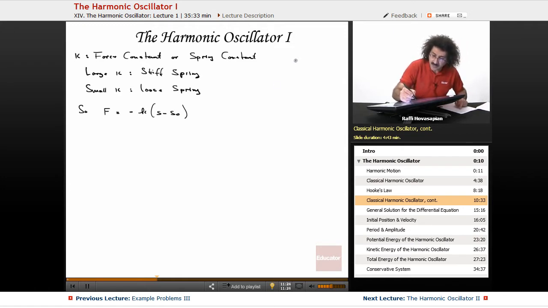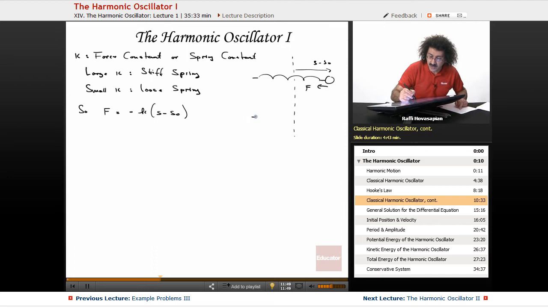And again, let's go ahead and draw this out. So this is the equilibrium position of the spring. If I had it stretched out, this distance would be my displacement. This is my s minus s0. And the force, if I stretch it, is going to want to pull it back that way.